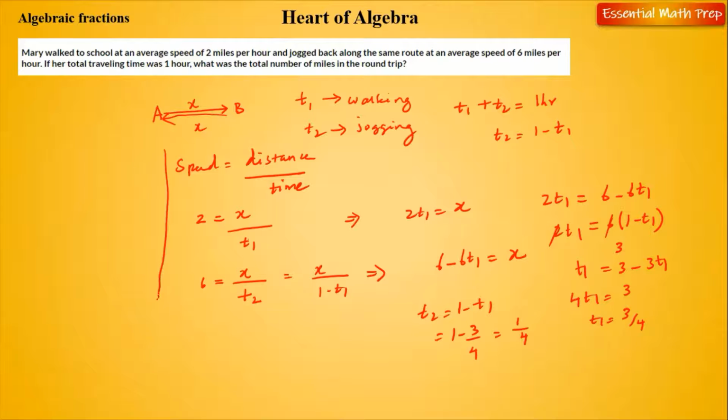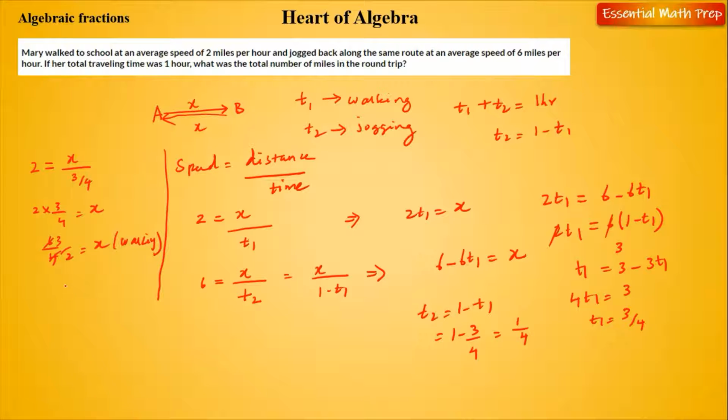So let's do it for walking. When she walks, she walks at a speed of 2 miles per hour to cover a distance of x, and the time taken is 3/4, right? So it's 2 times 3/4 equals x. That's essentially 6/4, that's essentially 3 over 2. Okay, that's our walking distance.